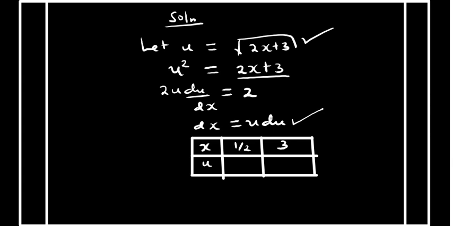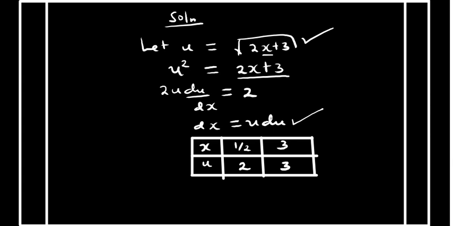That means we get 4. The square root of 4, we shall take the positive root, which is 2. Then put a 3 also where there is x. That means I'll have 2 times 3 plus 3, which gives me 9. Take the square root of 9, you get 3. So the limits of u are 2 to 3.